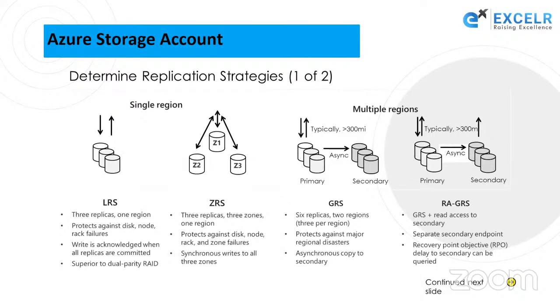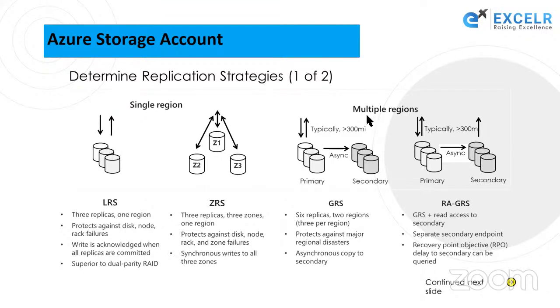So there will be six replicas as of now. It protects you against any major regional data disaster. So remember this: even if your region is completely down, it is going to provide you the resiliency in that case. So this is geo-redundant storage for you.